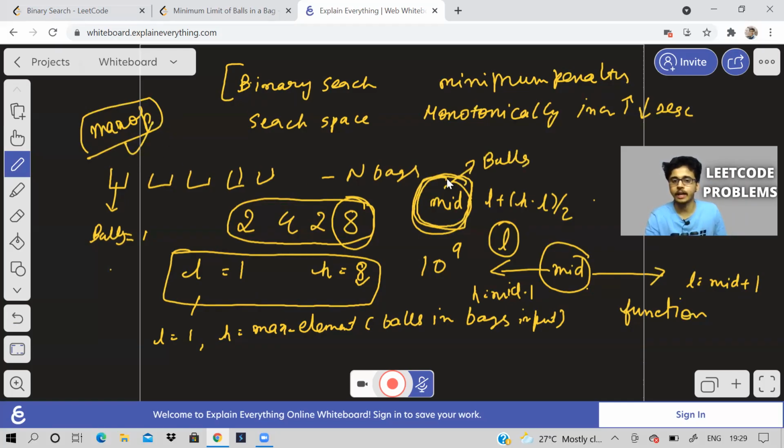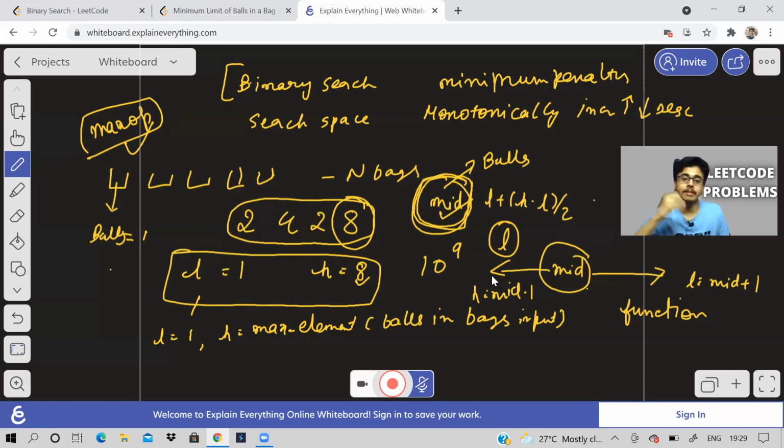If this is satisfied, then we check if it is possible to divide such that the bags don't contain more than this number of balls. If this condition is true, if we are able to do it within max operations, then we will check on the left side to get a minimum answer.